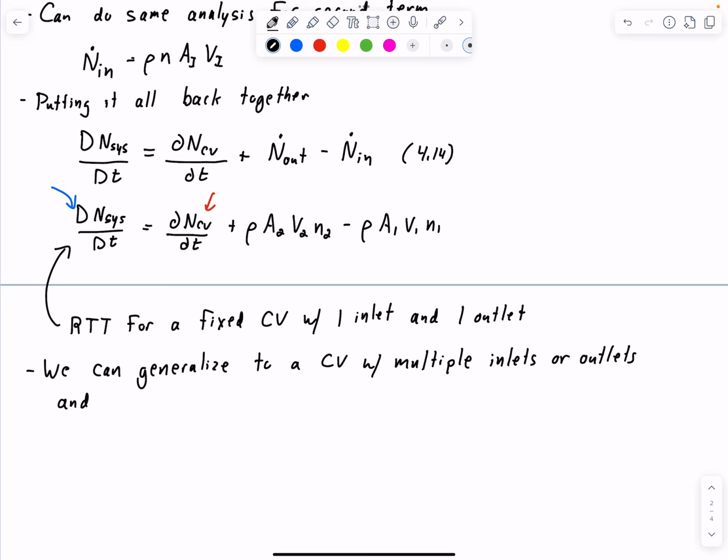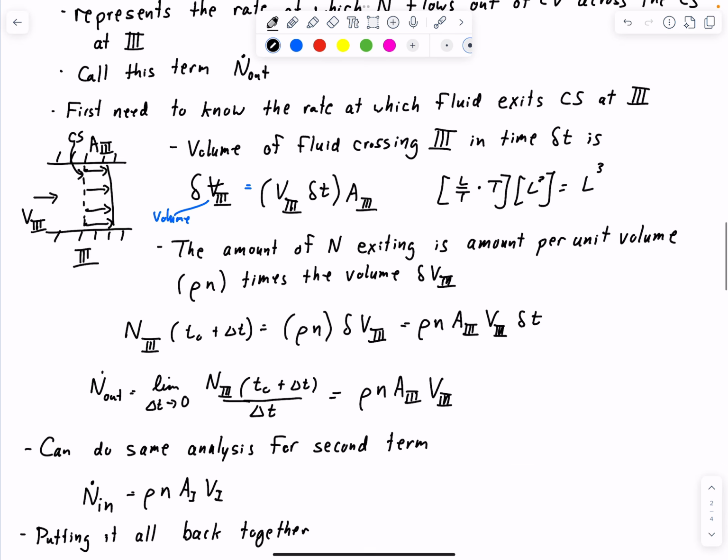And where flow across the control surface is not perpendicular. So in our previous example, we had flow going across this control surface right here, and this flow is moving across perpendicular to that surface, which makes our analysis quite simple.